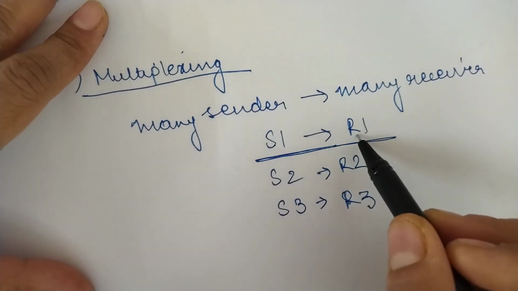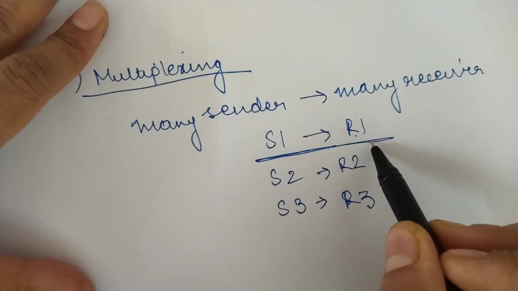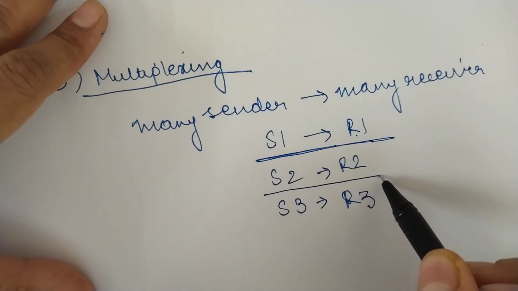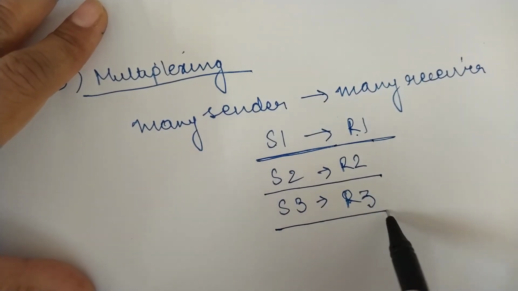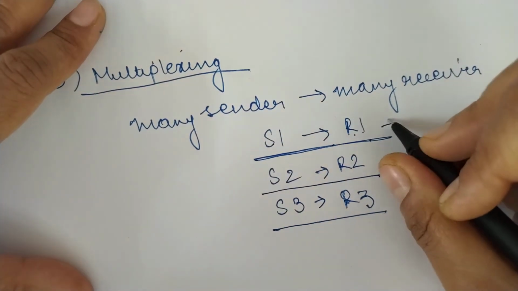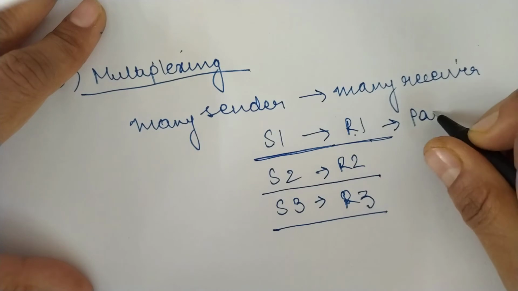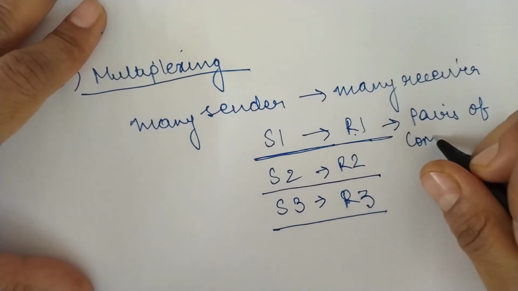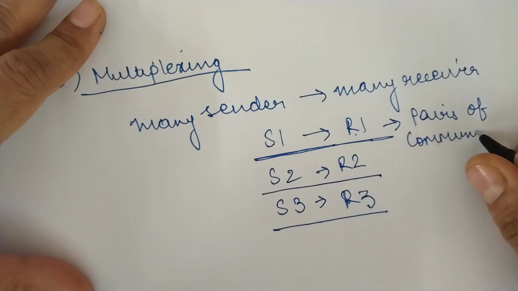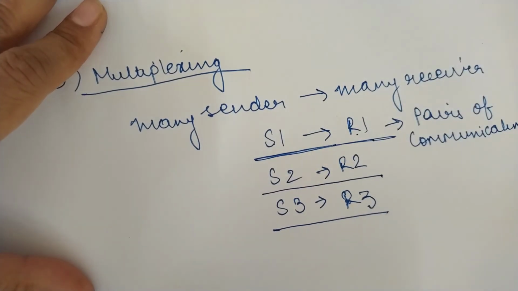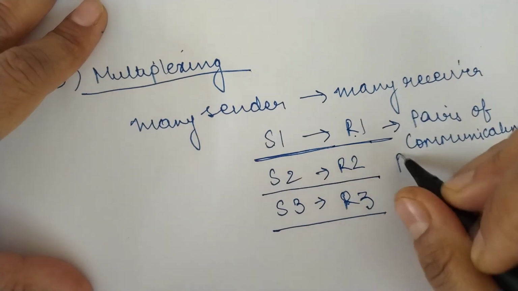Now S1 and R1 are one pair of communicating processes, S2 and R2 are another pair of communicating processes, and S3 and R3 are another pair of communicating processes. So these are different pairs of communicating processes.